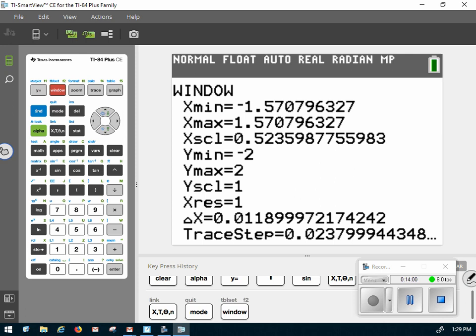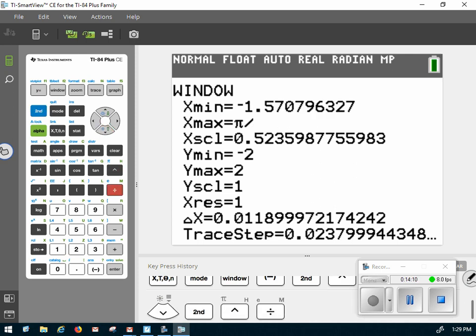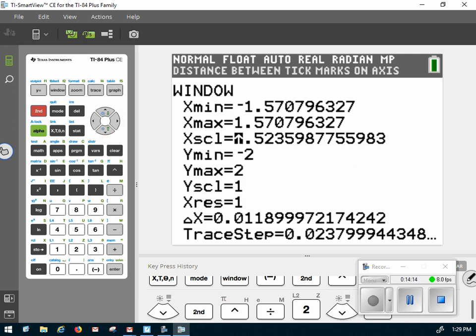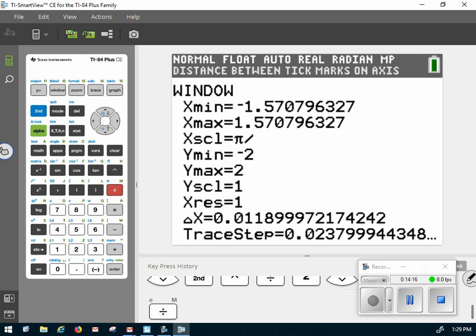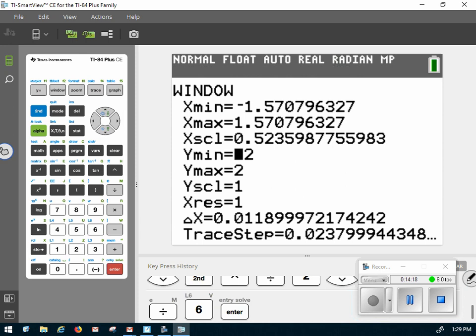So our x min is going to be negative pi over 2, and our x max is going to be pi over 2. Our x scale is going to be pi over 6.